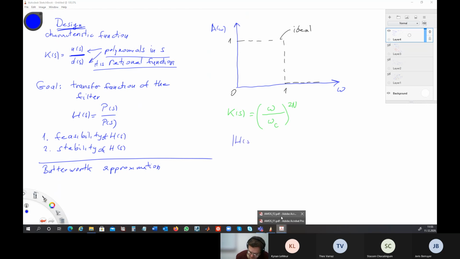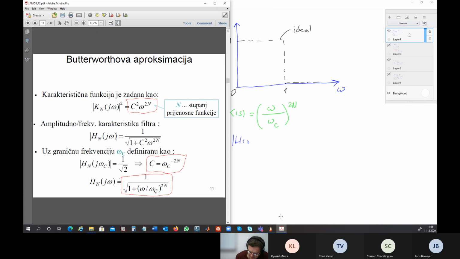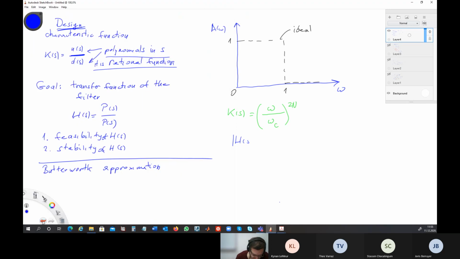Just a moment. And this is called Butterworth approximation.